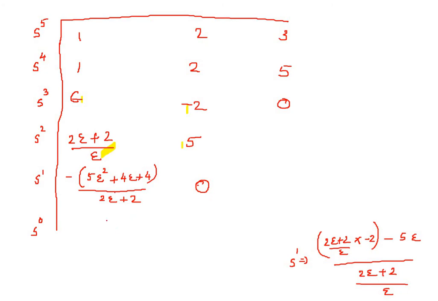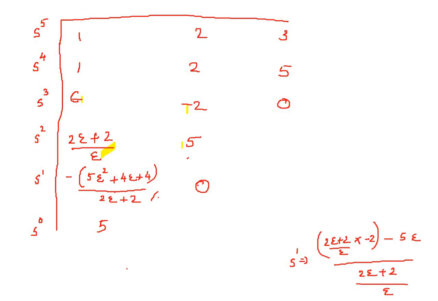So we will get the value as 5 itself, because that will be minus 5 epsilon square plus 4 epsilon plus 4 by 2 epsilon plus 2, that is this one, into 5 minus this one into this, that will be equal to 0, divided by this. So you will get the value as 5. So now we have completed the root table.